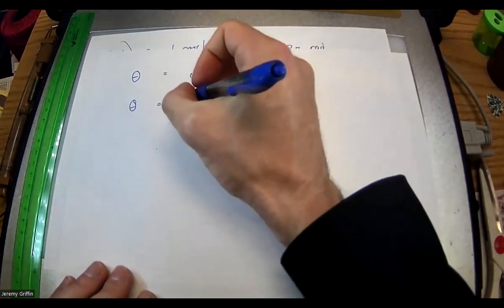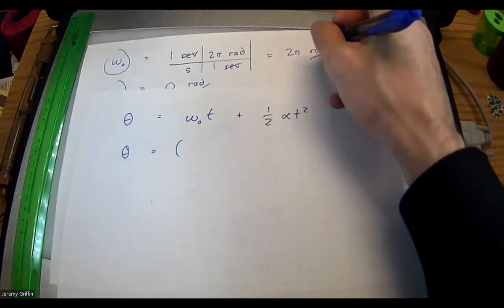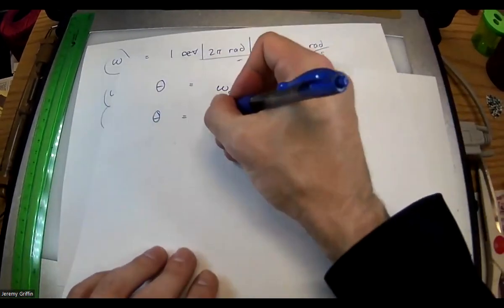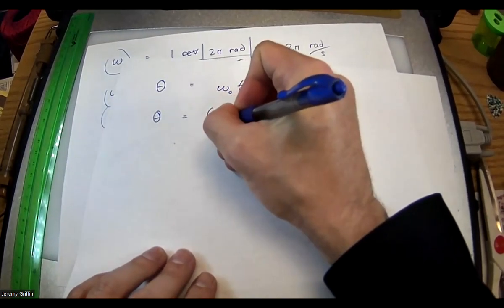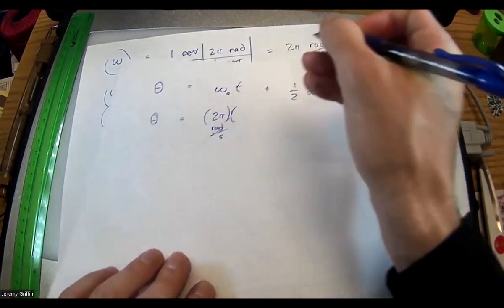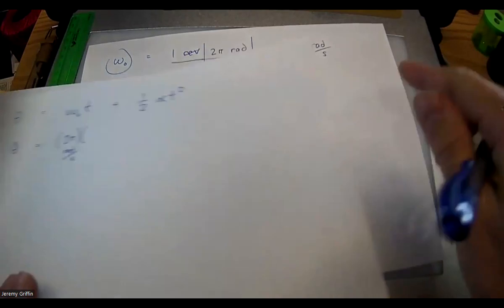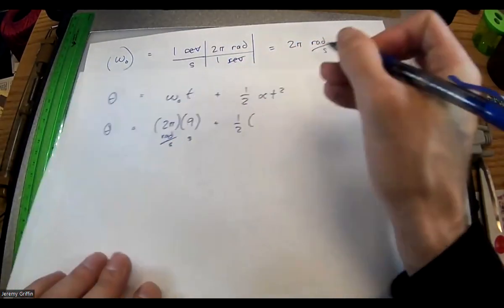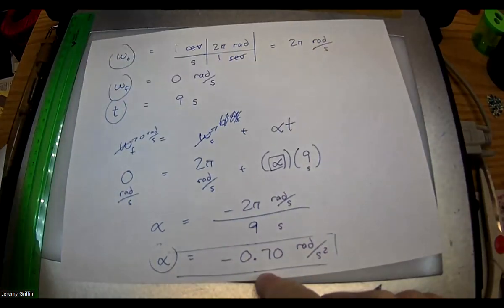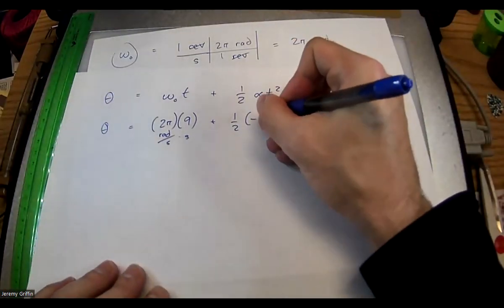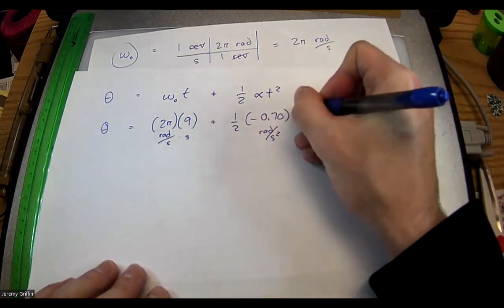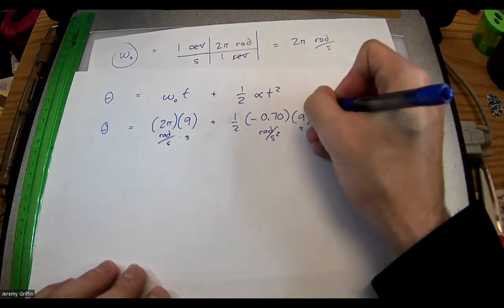And in radians. So it was going at 2 pi radians per second. It took 9 seconds to slow to a stop. And it was slowing down at negative 0.7 radians per second per passing second. Nine seconds shows up again, square that.